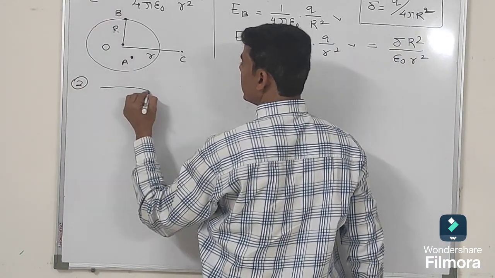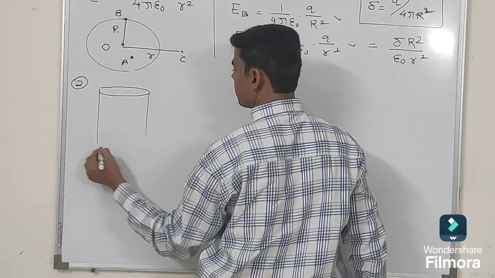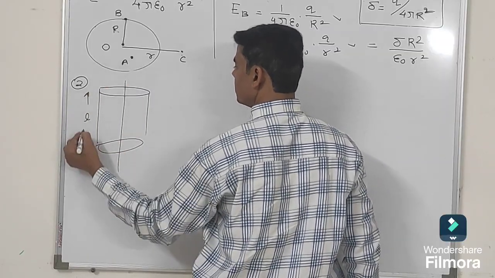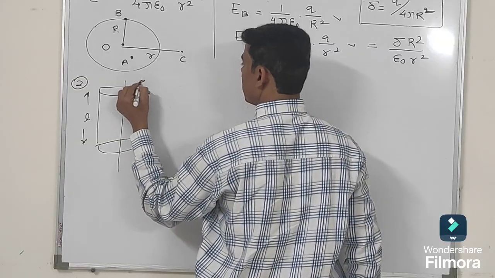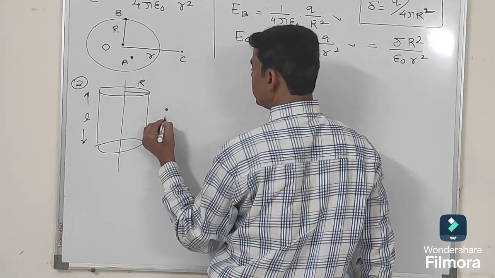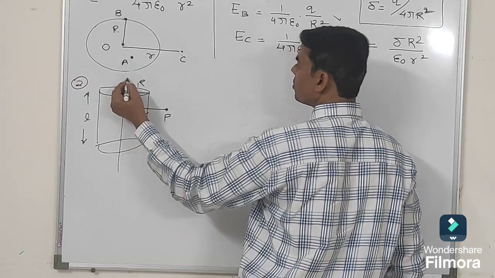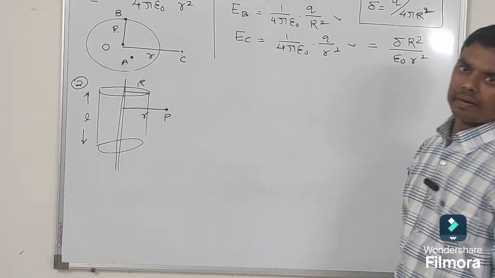Suppose that we have a cylinder having length small l, radius capital R. Let us find the electric intensity at any point P situated at a distance small r from the axis of the cylinder.